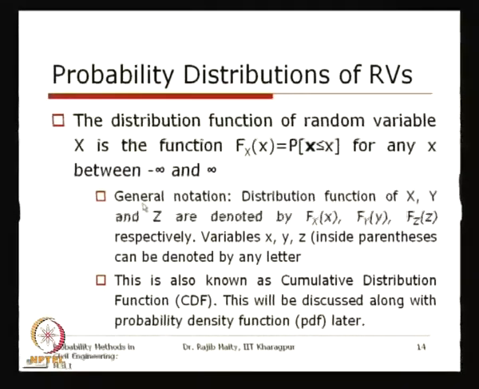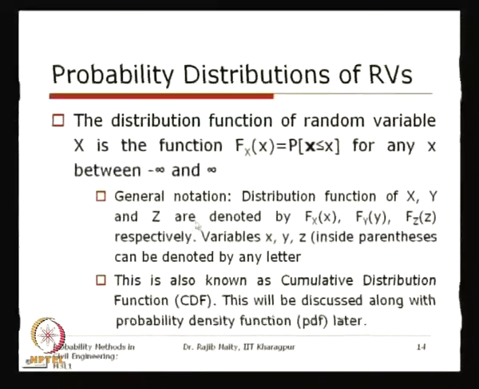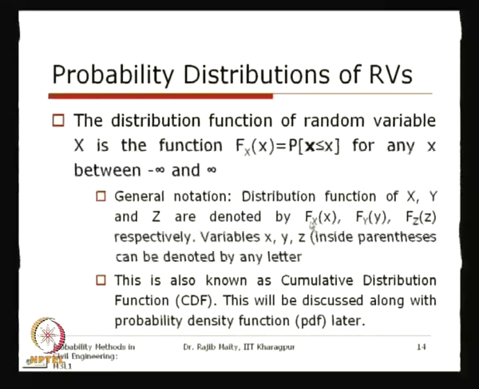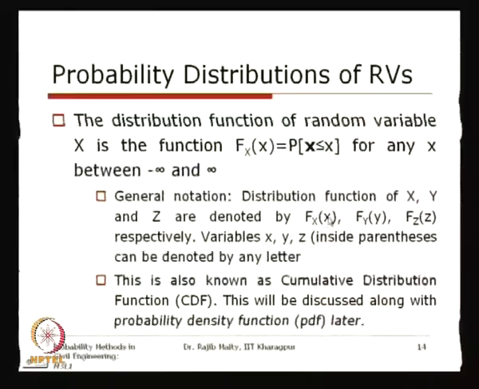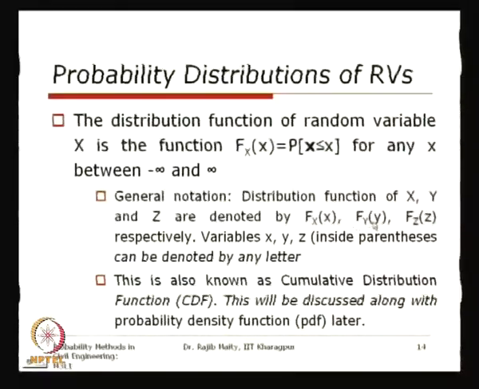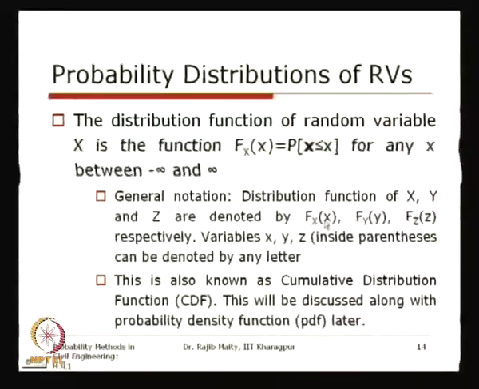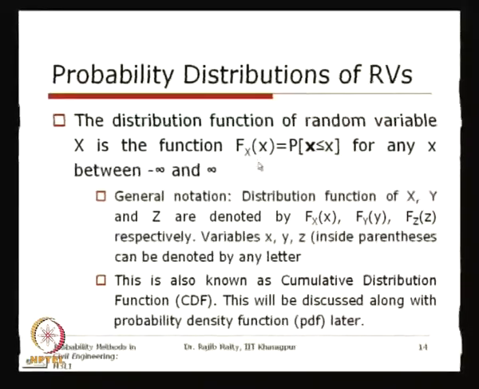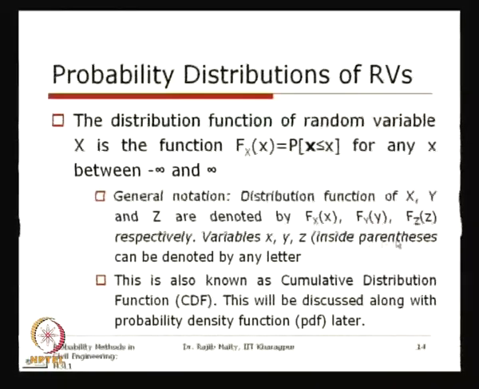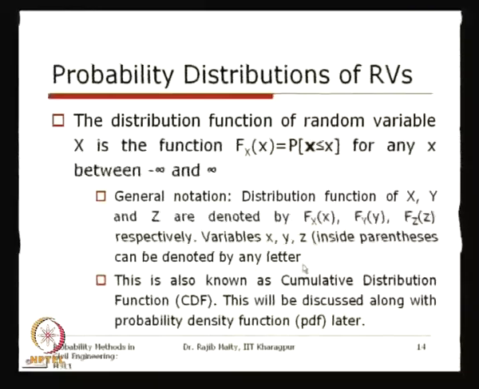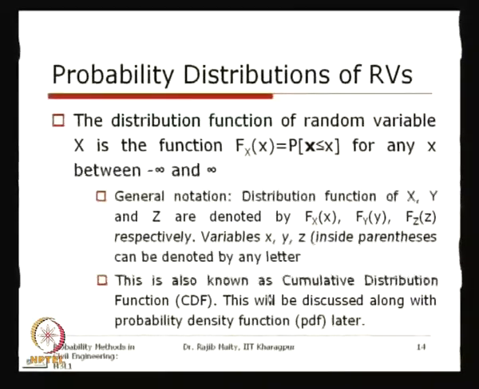Here again the general notation says that the distribution functions of X, Y and Z are generally denoted by F subscript capital X, F_X(x), F_Y(y), F_Z(z) respectively. The lowercase letters x, y, z inside the parenthesis can be denoted by any letter, as these are nothing but the specific value of that random variable.